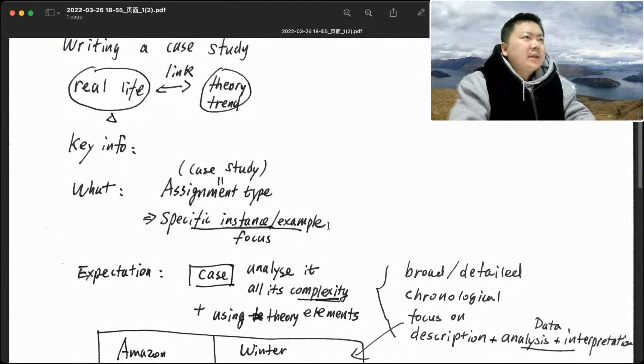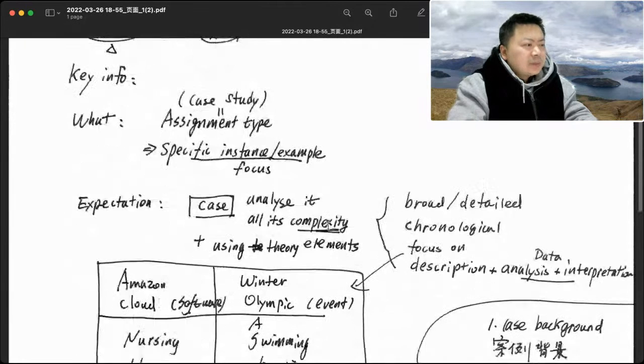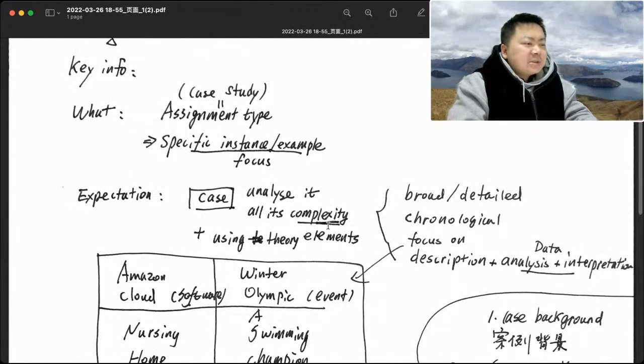Does that mean that I need to read carefully about the case study and understand what exactly is going on with that example? The expectation from the teacher about my case study.